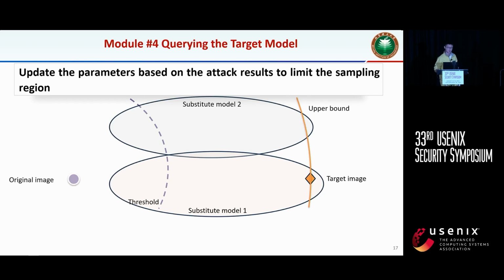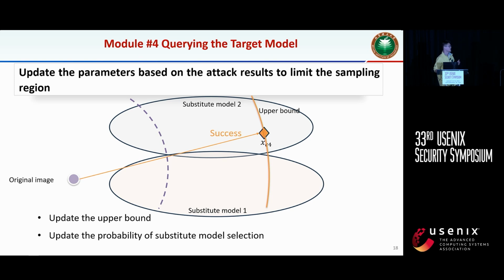And overall, our DSA attack is an iterative process that continuously generates candidate adversarial examples in the embedding space. So first, we have generated an example and it fails, and also another fail, and finally, we have a successful one. And upon finding this successful example, we would adjust this upper bound to employ a stricter constraint.